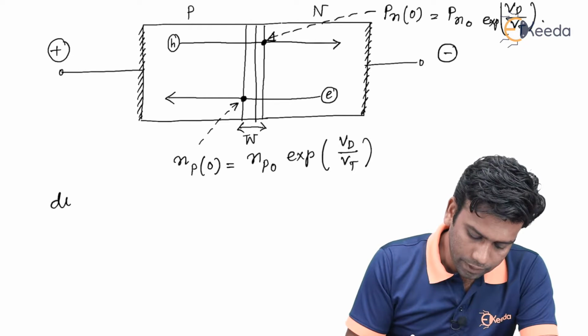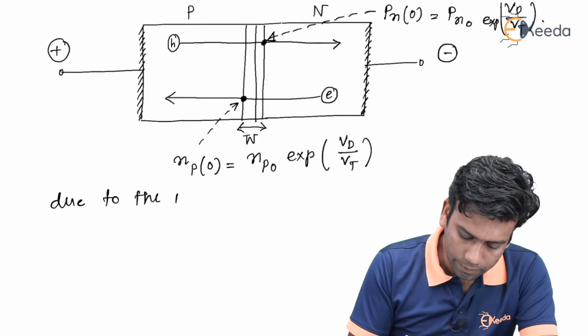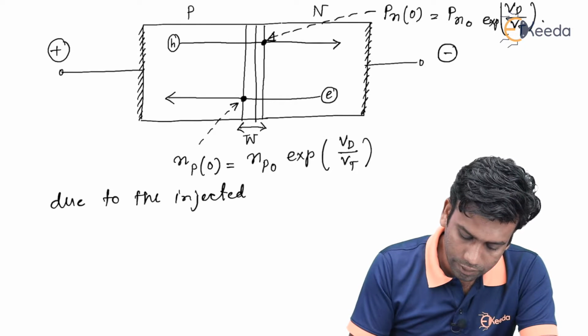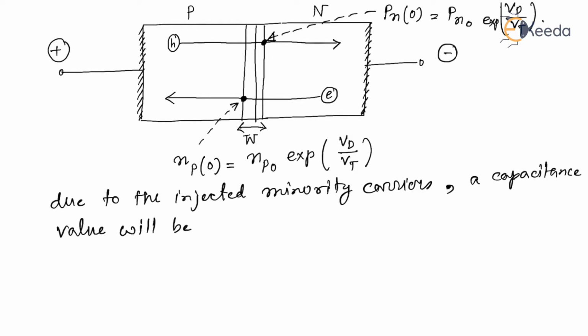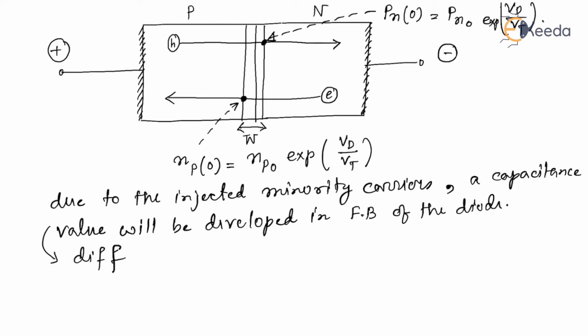So, due to the injected minority carriers, a capacitance value will be developed in the forward bias of the diode, and this capacitance is called the diffusion capacitance.